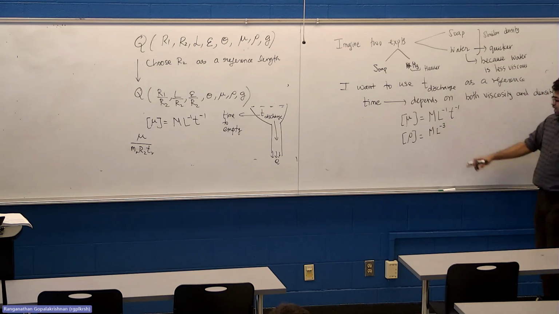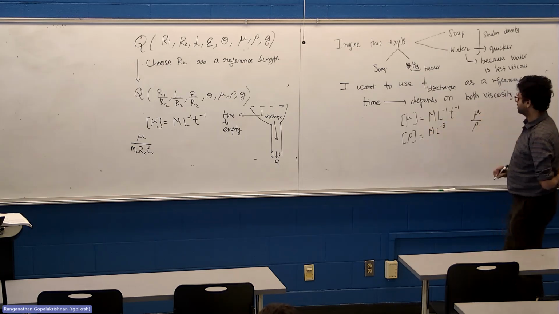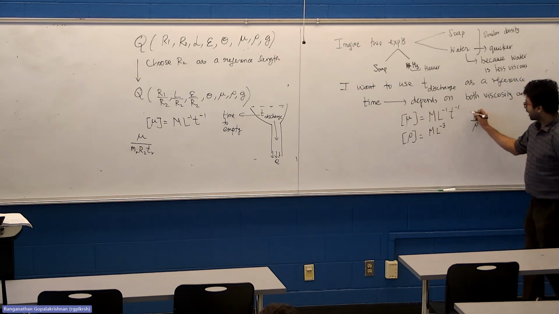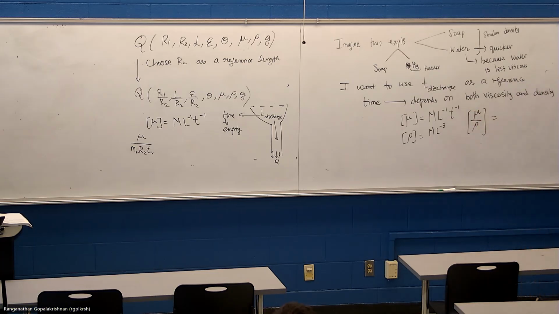Okay. So if I take the ratio of these two, what do I get? Viscosity divided by density. What is the dimension of this quantity? Length squared per time.